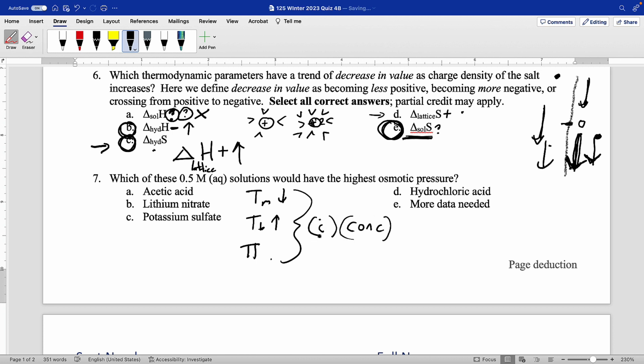Because the bigger the Van't Hoff factor, the more particles you have. So it's this product. So all of these have the same concentration. So basically this is just saying which one of these solutions has the highest Van't Hoff factor.